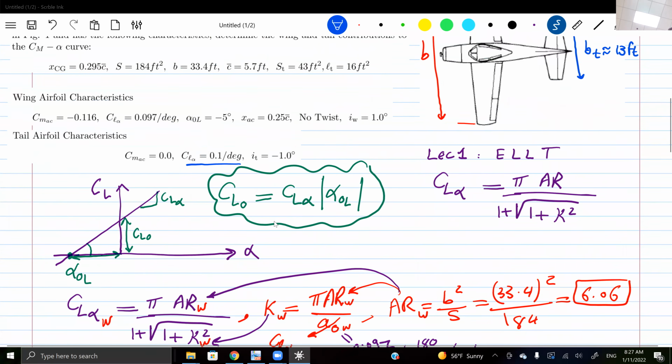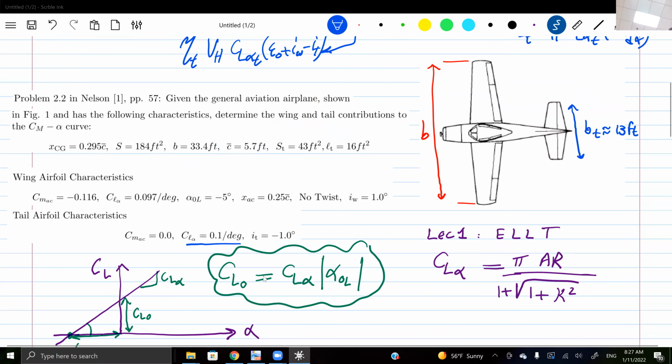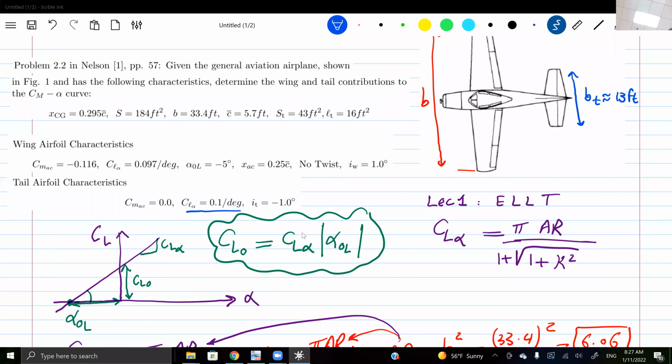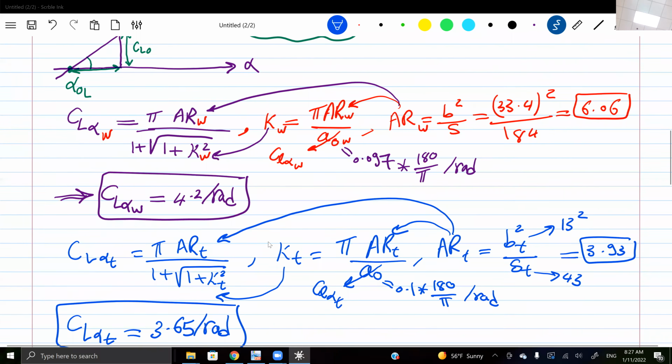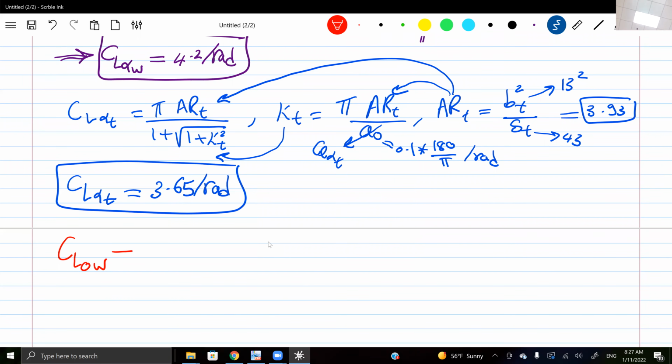Everything was ready. Same aerodynamic center of the wing, the X's, CL0 of the wing was waiting, and CL0 for any surface depends on its CL alpha, and I got the CL alpha. So we're ready. So CL0 wing is my CL alpha wing times alpha 0 left wing. I'm sorry, Professor.